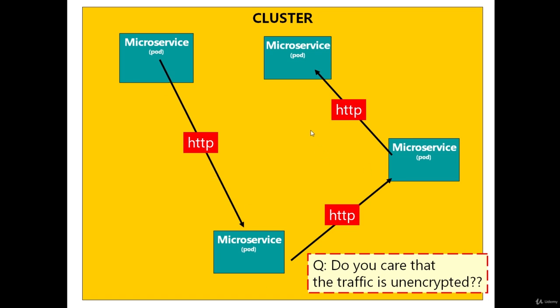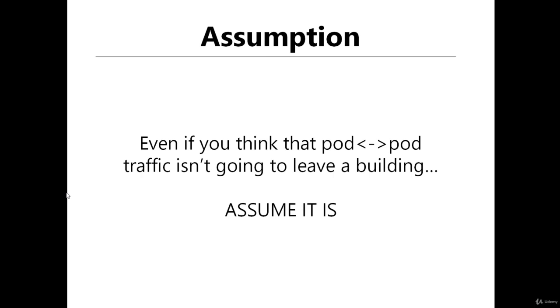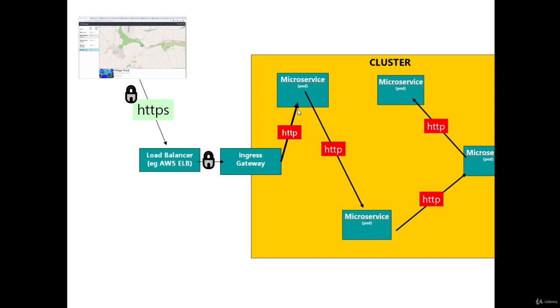They've got into the node. I'm not going to make that argument. I'm going to say, for safety, even if you think you're only deploying to a single node, which very few of you will be doing anyway, I would still assume that traffic might be leaving a building.